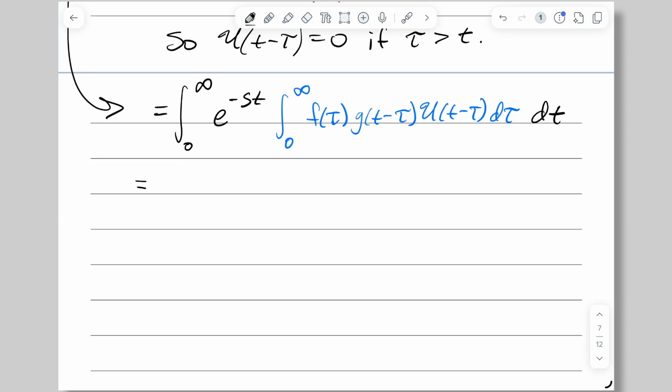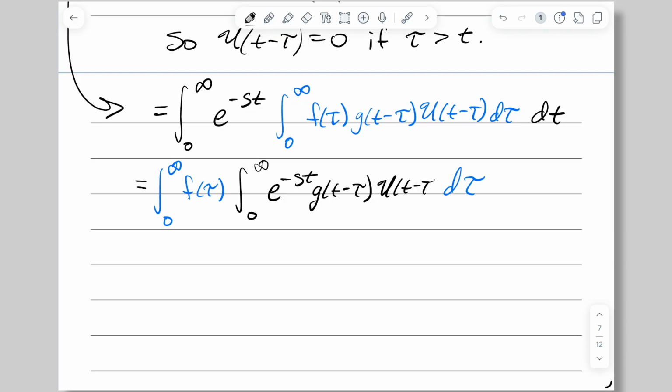So we're going to write down the convolution integral first, from 0 to infinity of f of tau with respect to tau, but inside of that we have the transform integral from 0 to infinity of e to the negative st g of t minus tau u of t minus tau, ran out of room there, with respect to t.